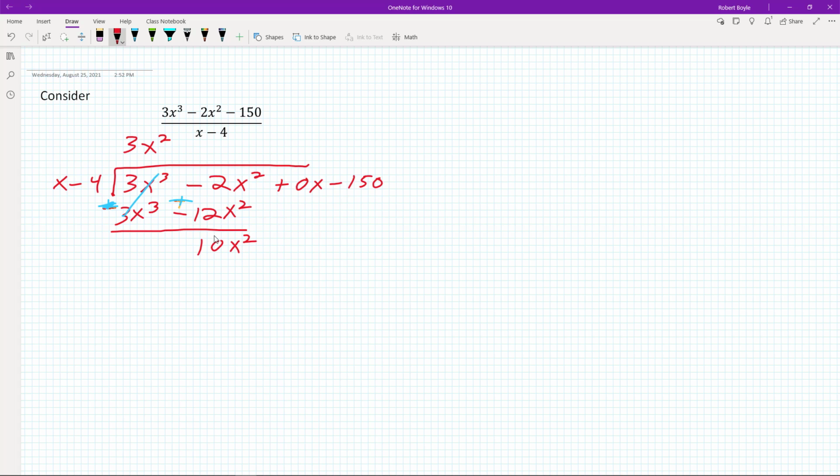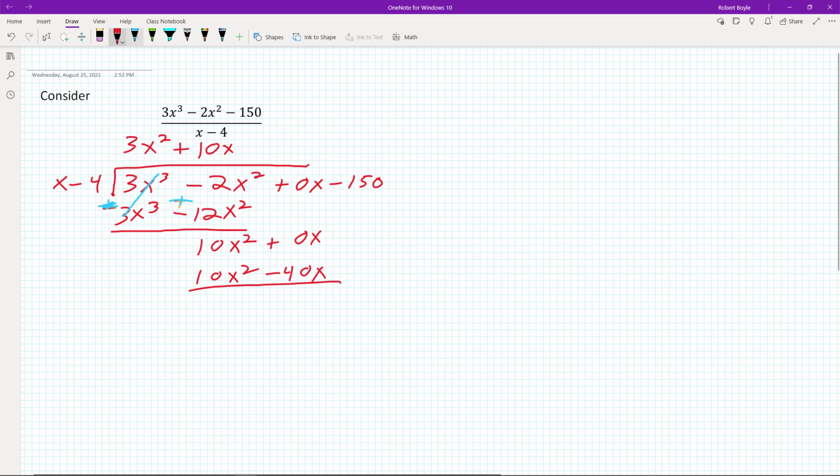And then we just continue along. What do we need to multiply x by to get 10x squared? Of course, that will be positive 10x. 10x times x is 10x squared, and 10 times negative 4 is negative 40x. I want to bring down my plus 0x here.